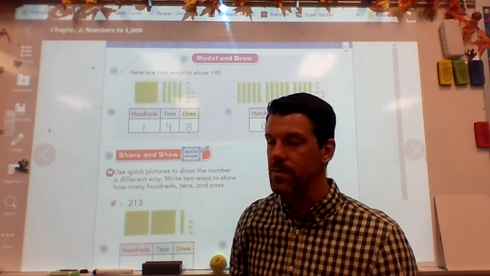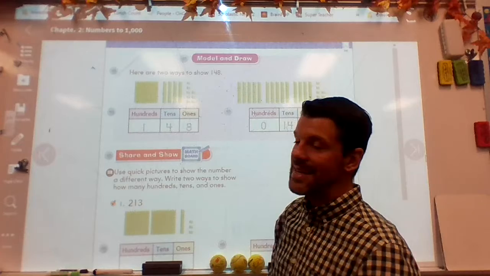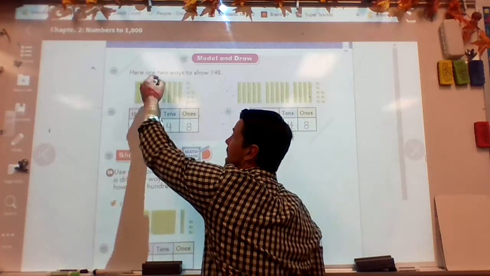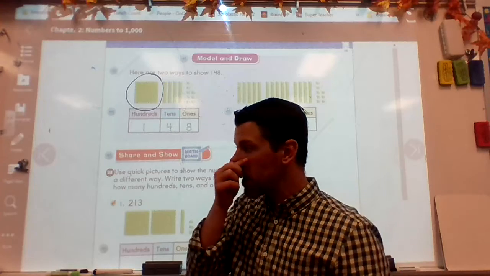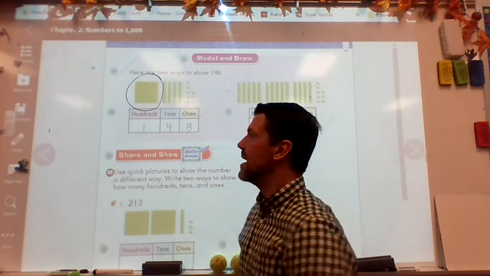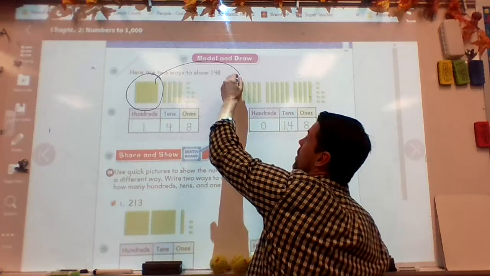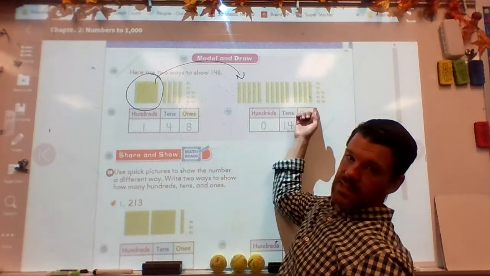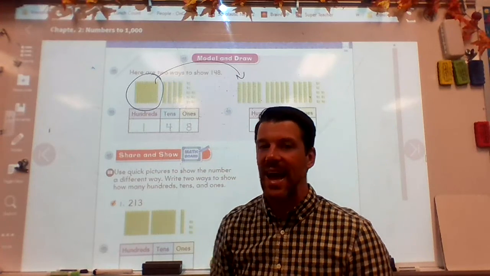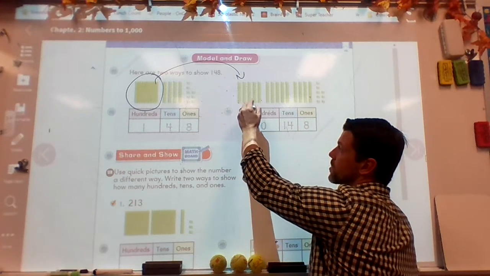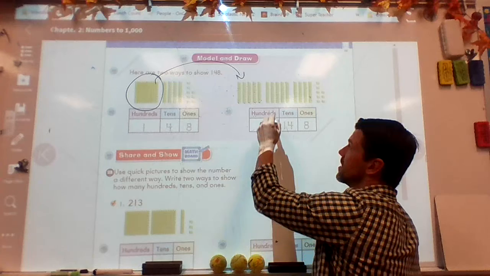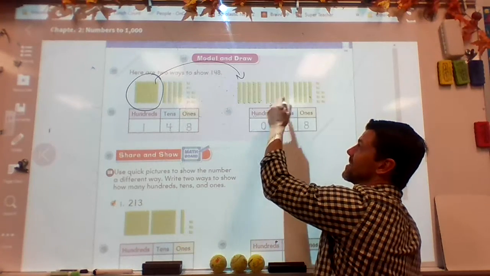They group them together like that, so it's easier to skip count and easier to show a number that is larger. What they have done here is taken this hundred, or 10 tens, and broken it apart into 10 tens. Let's see how they did it. They grouped them in 1, 2, 3, 4, 5 tens, 6, 7, 8, 9, 10.